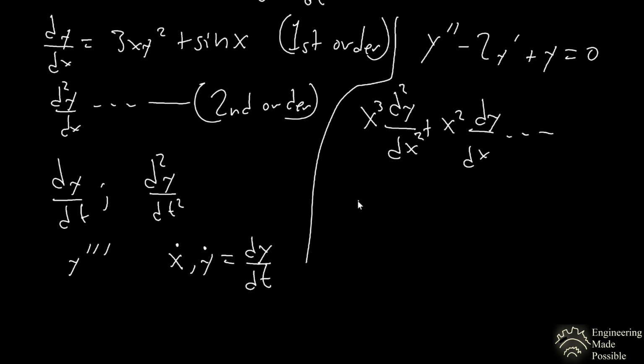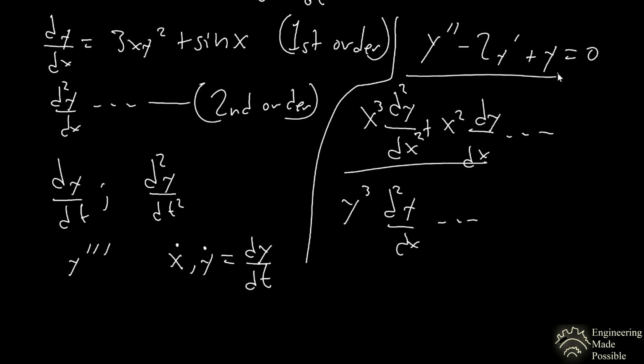So let's say if it was y cubed times the second derivative of y with respect to x, now this is when it would be classified as a nonlinear equation. But otherwise, this one is linear, this one is linear, and so forth.